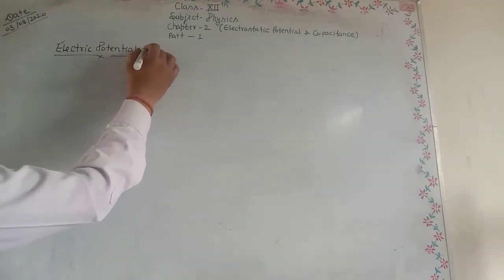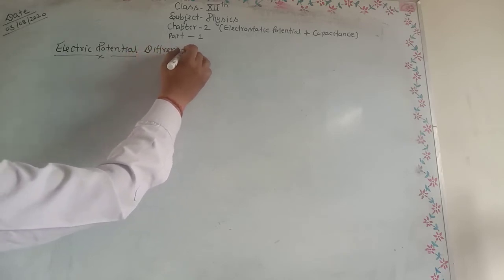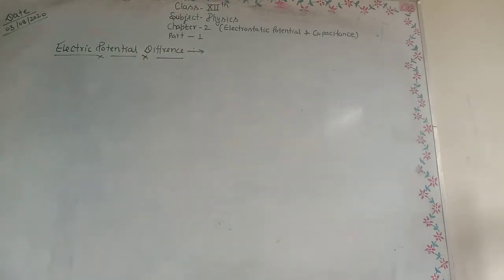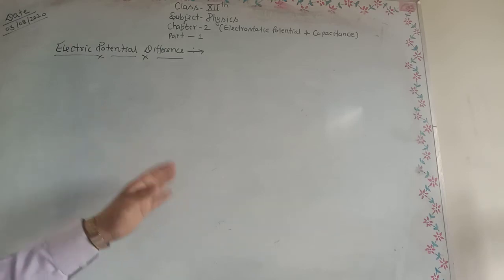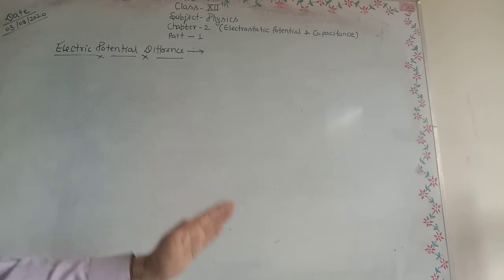The work done in carrying a unit positive test charge from one point to the other point in an electric field is called the potential difference between those points.